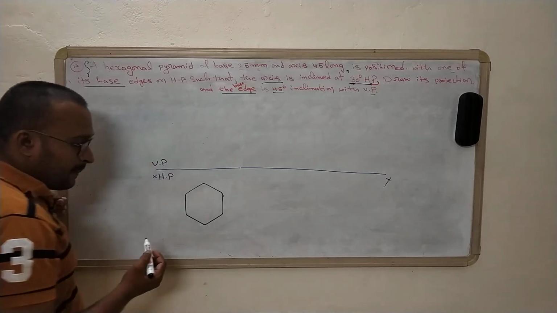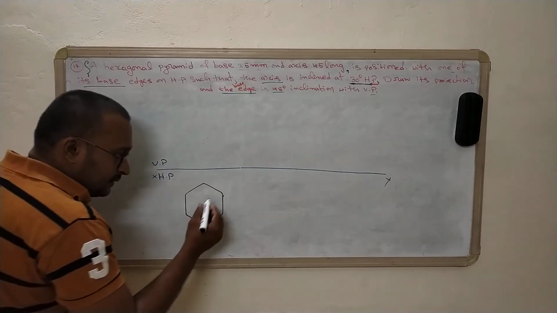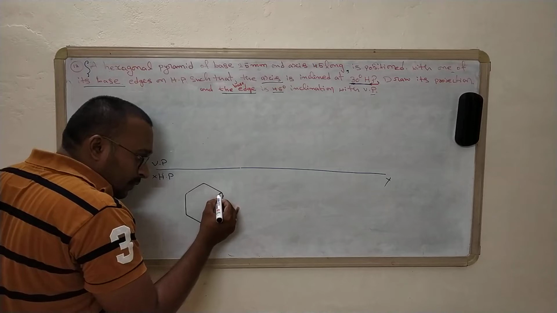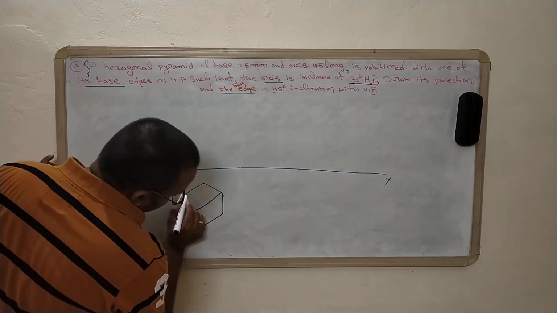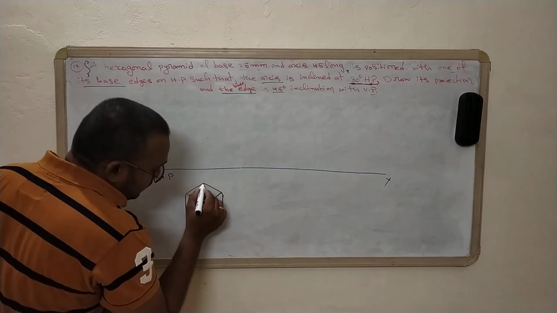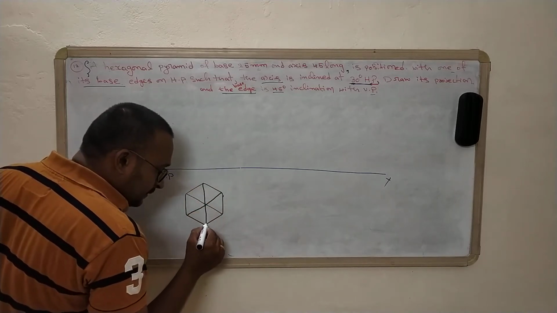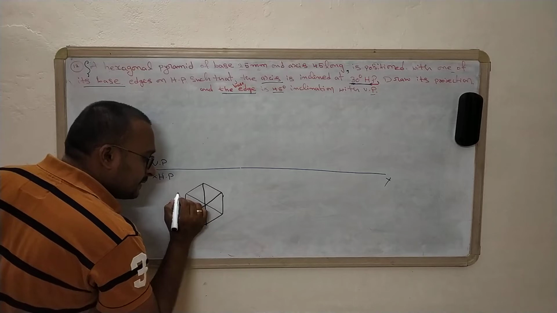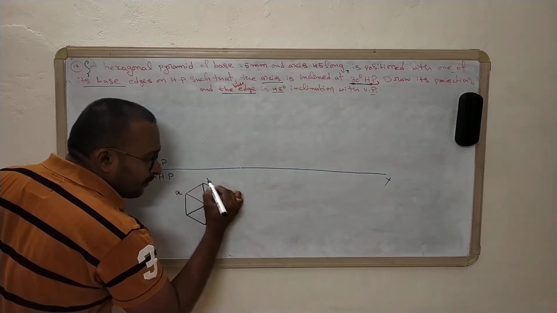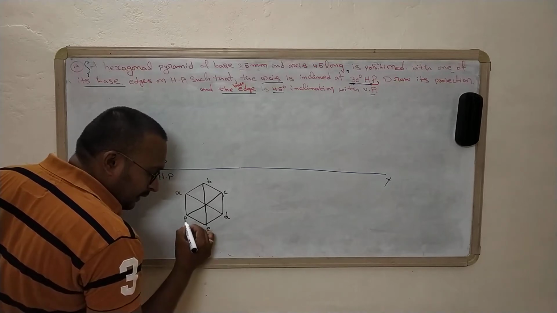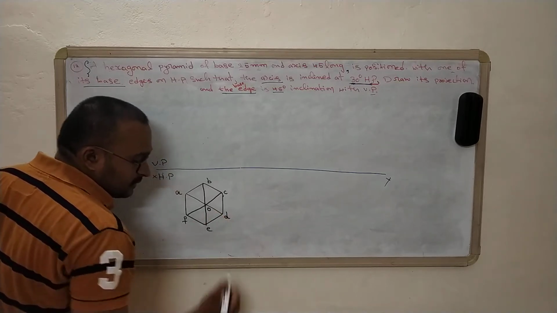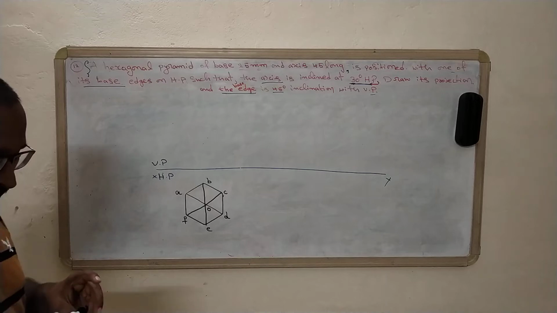Here it is a pyramid, so we must draw the slant edges, and then here it is A, B, C, D, E, F. So here it is the center point O.